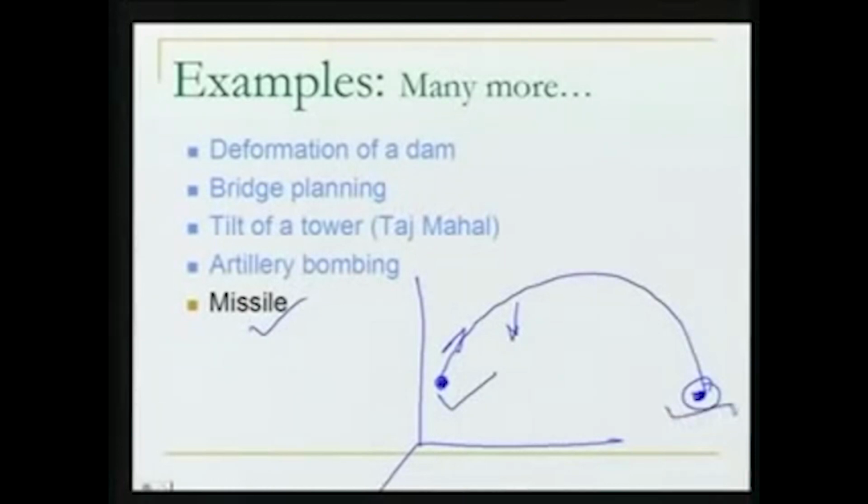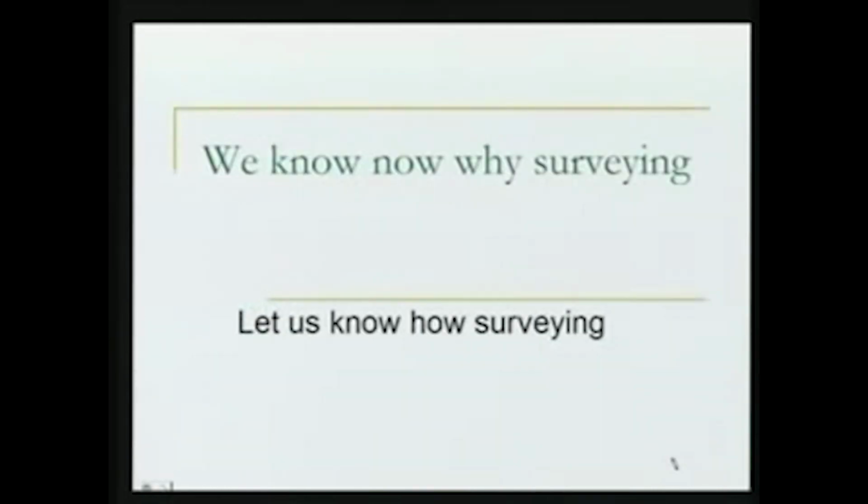For example, here you know the coordinate of this point, you know the coordinate of this point in this particular reference, in this x, y and z. Once you know this, then only you know what kind of velocity vector you need to give to your missile here, so that it will exactly target this area. So there are many more examples like this where the surveying can be used.